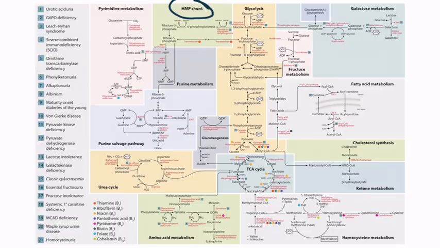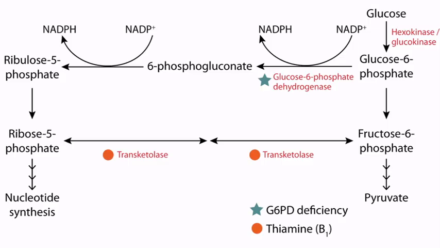Okay, let's zoom up on the pathway. This is a detailed figure of the HMP shunt, which can be found in section 10 of metabolism. There are several reactions that occur in this pathway, but you really only need to be familiar with a couple steps. Notice that glucose 6-phosphate is shunted away from glycolysis in order to produce ribulose 5-phosphate.